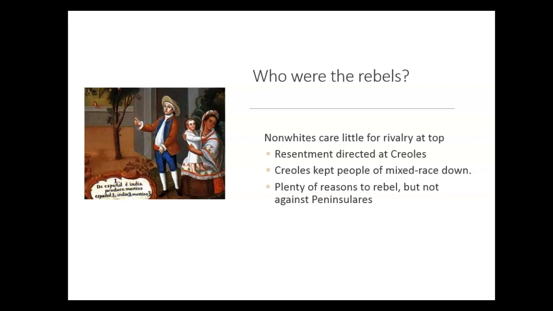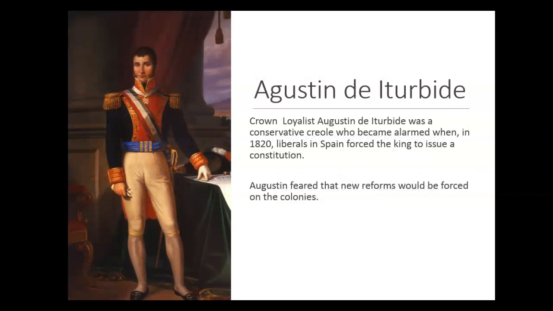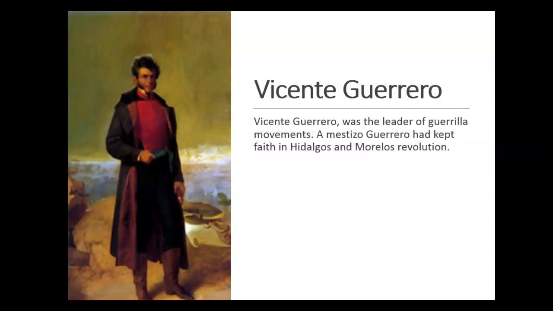Into the act stepped well-born Creole Agustin de Iturbide, an ardent Catholic and conservative who had fought against independence for years. Suddenly, he intended to lead the revolution against the liberals in control of Spain. The Creoles also formed an alliance with the larger indigenous population.